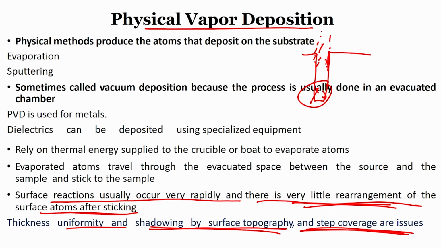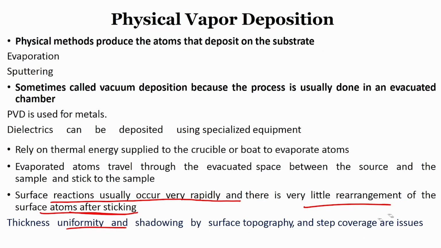Because of the step there is a shadow, and also because of the material that is deposited there is a shadow from the source, at the substrate side, and that will cause a problem in covering the step properly. We will see one example at the end of this lecture, and then you will see what a step coverage is.